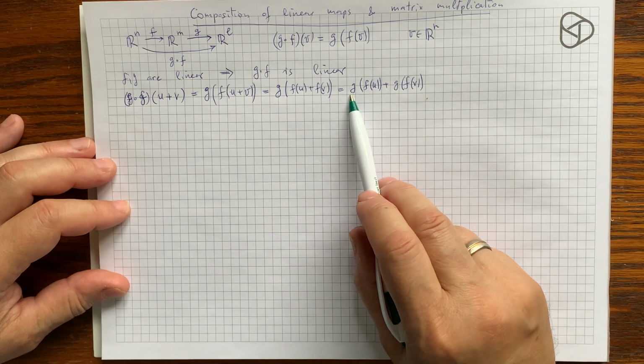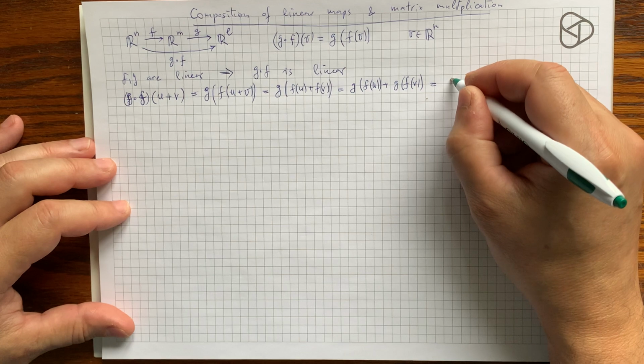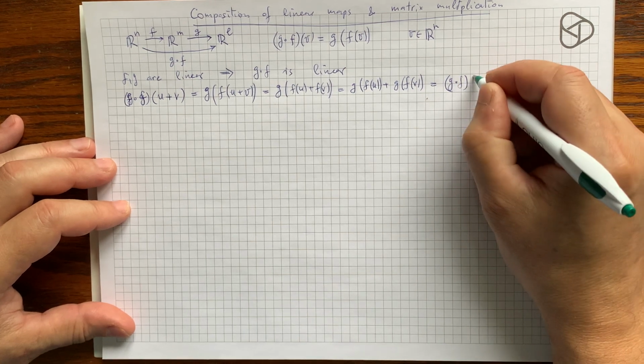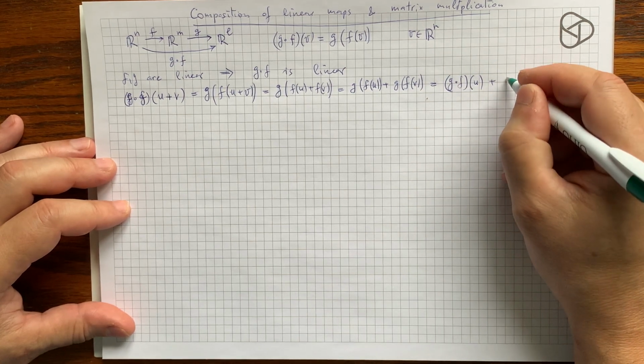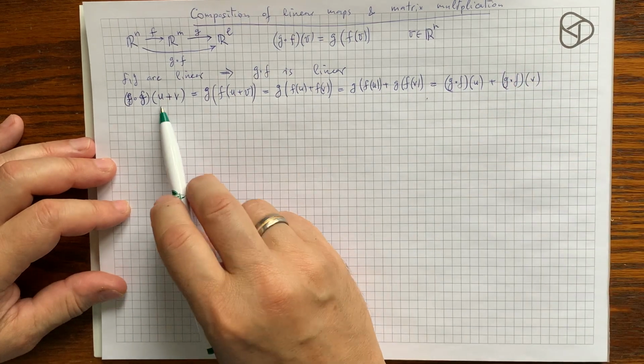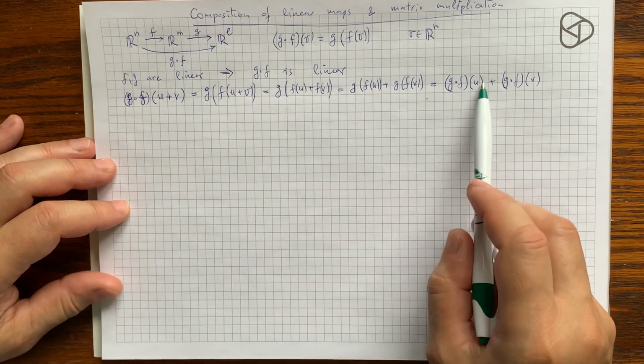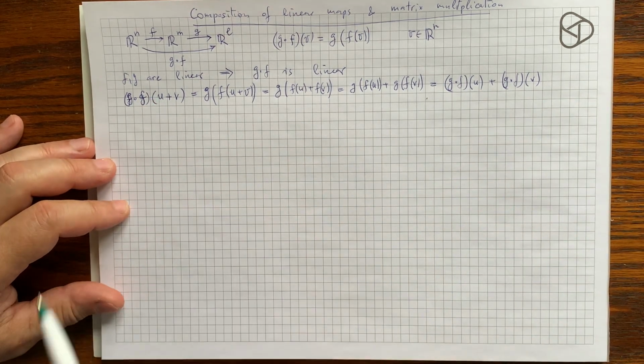But now we have f followed by g on some vector, f followed by g on some vector. That is what we call the composite. And the composite is now evaluated on two vectors, u and v separately, and then summed up. And that is the additivity property for this map.